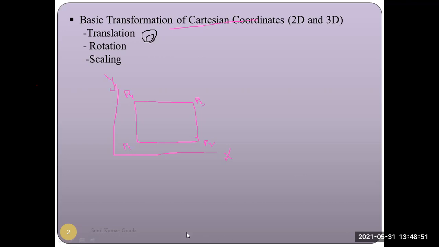Now if I say translate this square to a new coordinate, one of the solutions is I will translate this point p4, then I will translate the point p3, then the point p2, then the point p1. Yes or no?